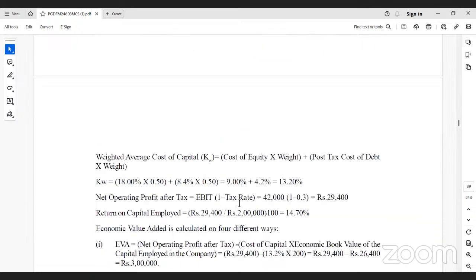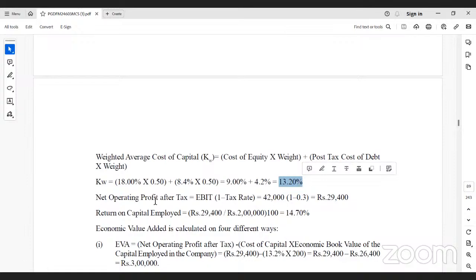Now the weighted average cost of capital: at a 50% proportion, 18% into 50% plus 8.4% cost of debt into 50%, the total is 13.2% weighted average cost of capital. The firm must earn at least 13.2% return on its capital.